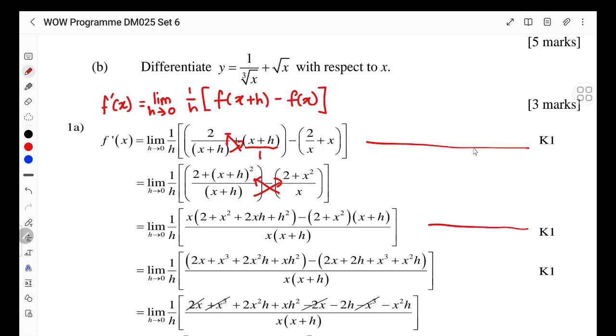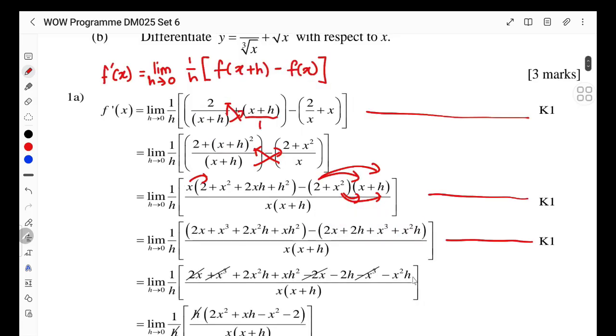And then next you simplify your fraction here. You will get another K1. So expand, multiply x inside the bracket and then expand this bracket here. And then you get 2x plus x cubed plus 2x squared h plus xh squared, minus in bracket 2x plus 2h plus x cubed plus x squared h.